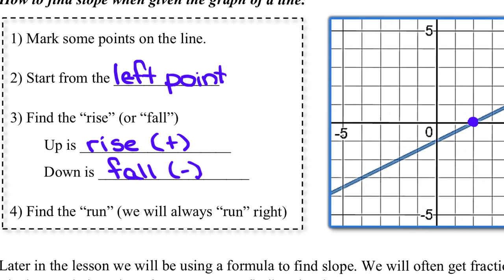Now, for this class, to keep things consistent, we're going to do the rise or fall and then run to the right. So we're going to go left to right on the graph. It'll make sense in a minute. Some people are going to find their own way to do it, and that's fine, but they're going to have to keep some other factors in mind.